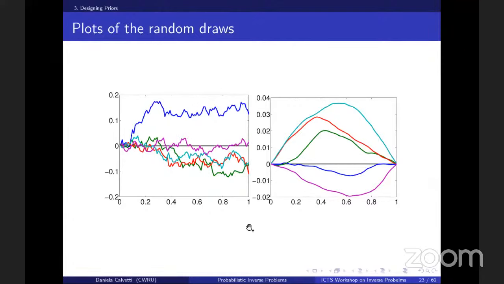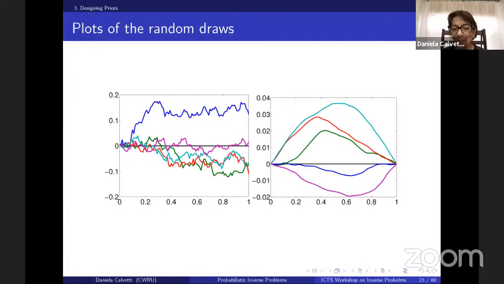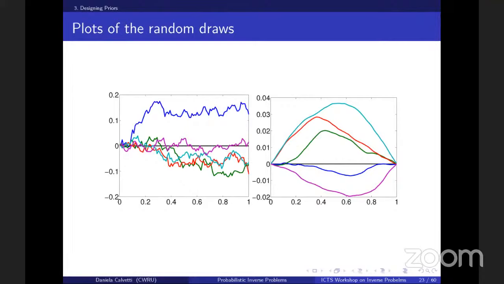So Daniela, I have a question. In the second figure, this answers my question, but is my understanding right that your xj minus 1 depends on xj minus 2 and xj plus 1? Exactly, and it is deterministic at the right end point. That's why you always have it going to 0.